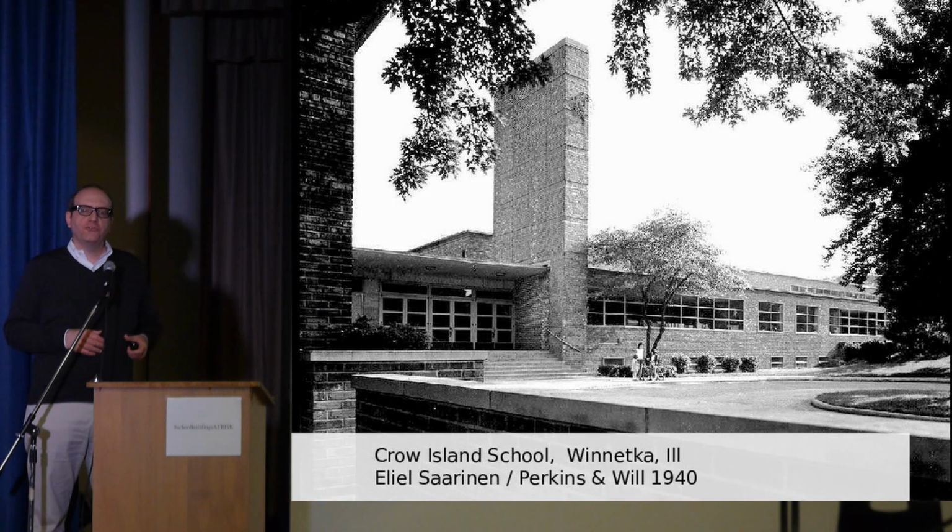This is probably the most influential school to come out of the period, Crow Island School by Eliel Saarinen, Eero Saarinen's father, and Perkins and Will. This is a model for the Sunnylea School in Etobicoke here, and pretty much the template for the standard school to come in North America.